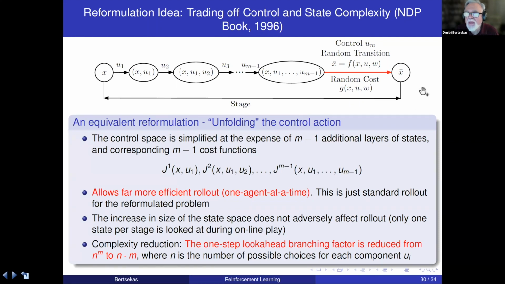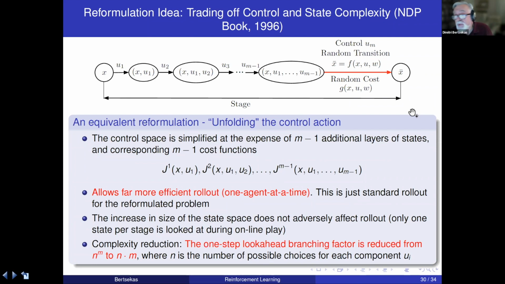You still have the characteristic cost reduction property of rollout. So it's a very, very important reformulation and a good starting point for addressing multi-agent problems. Not only in the context of rollout, but also in other contexts as well. We're going to return to multi-agent problems in future lectures.